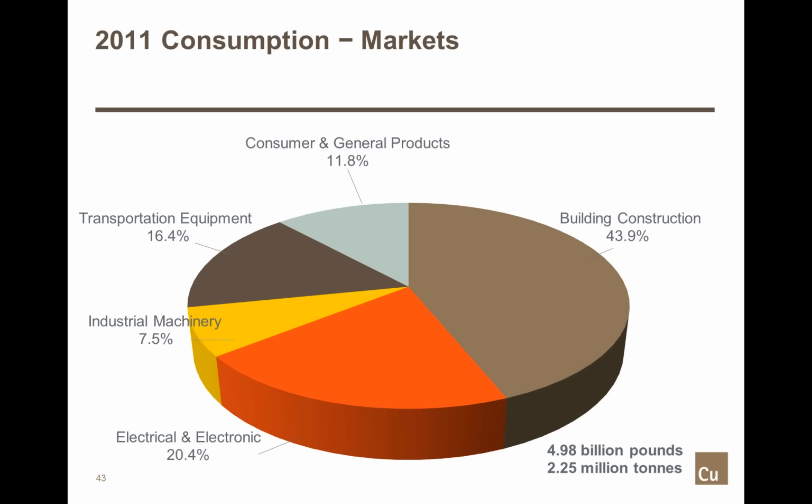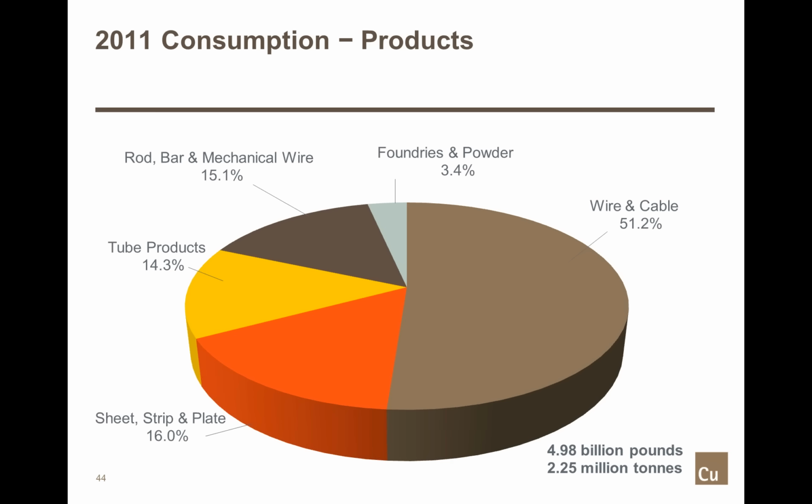Let's look at it another way. As far as products that you would see go through a service center or someone would use. Wire and cable, copper wire and cable, or wire and cable containing copper, about 51%, greater than half. Sheet, strip, and plate, 16%.